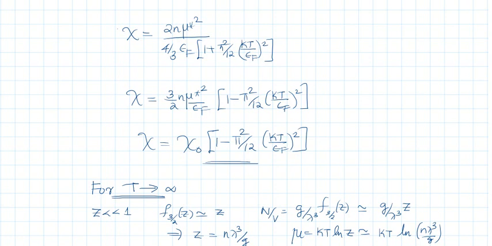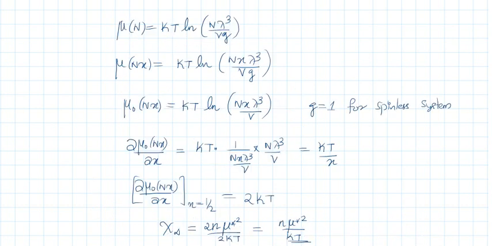Okay, our aim is to calculate dou mu by dou x. So we have to identify what mu is. So mu is kT log n lambda cube by g. Again, we want to calculate mu 0 of nx, so replace this n with nx. So kT log nx lambda cube by vg.